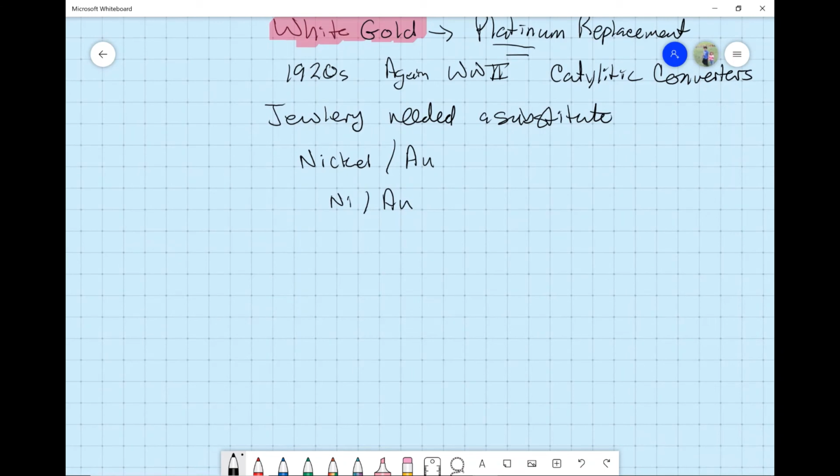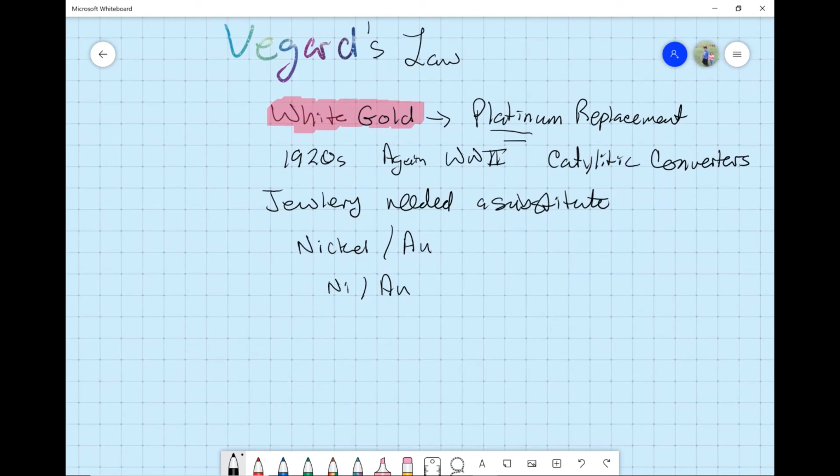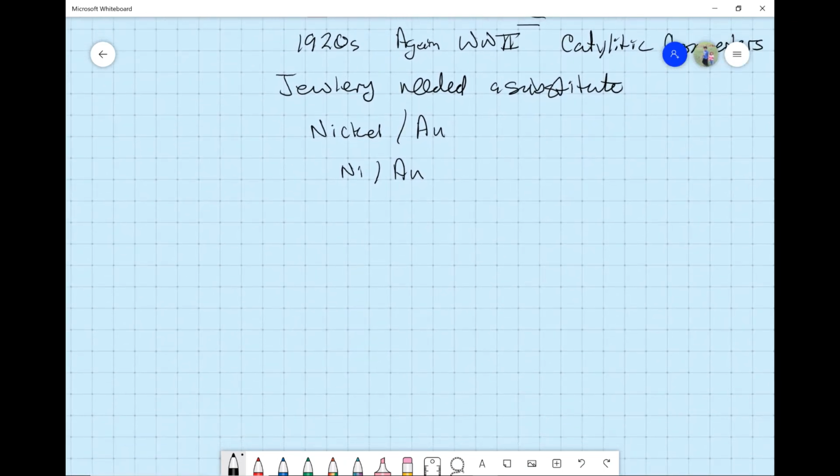And so if you want to use Vegard's law, and we said on that previous slide that there's a linear relationship between lattice parameter and composition, you can plot it this way. 1, 2, 3, 4, 5, 6, 7, 8, 9, 10. I'm trying to get even dividers.